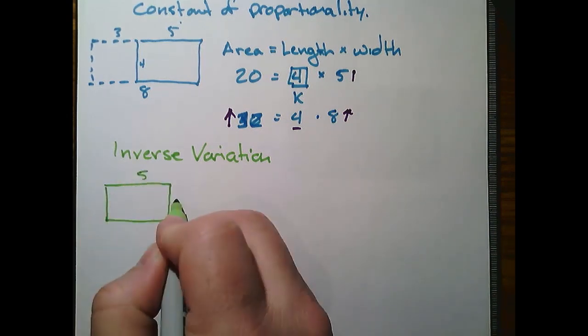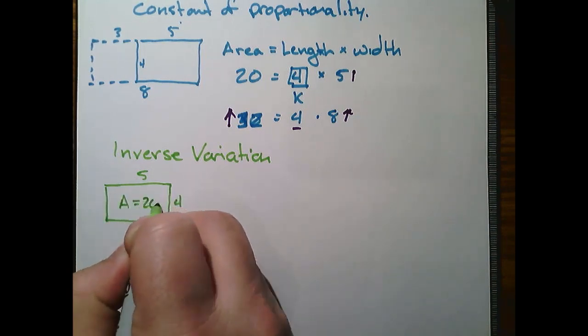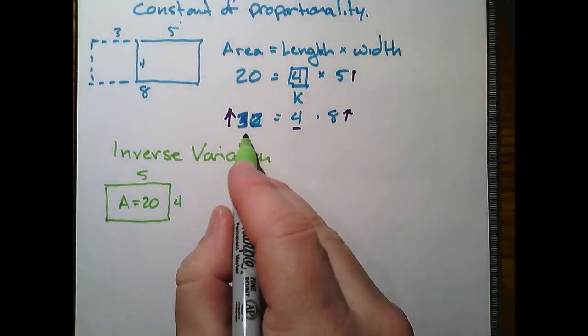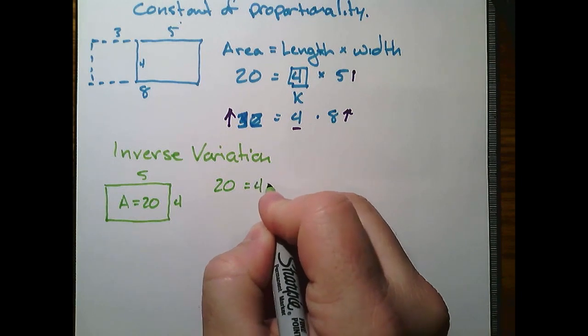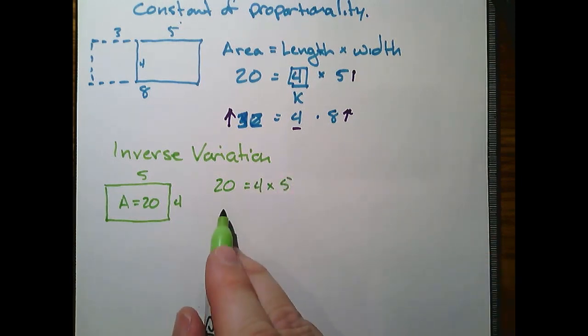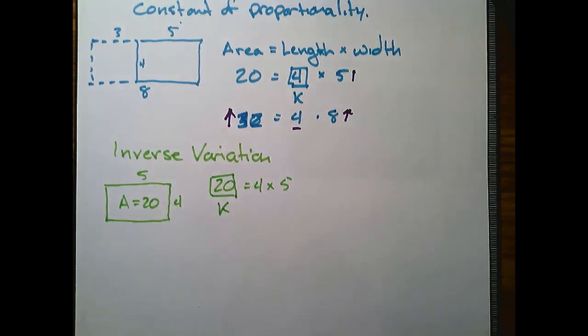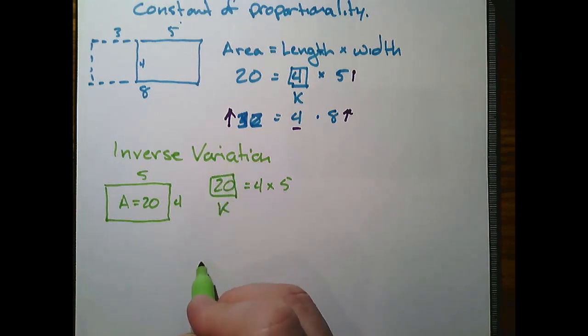And we're going to say this is 5 and this is 4. And so we know our area equals 20. Now, instead of fixing, so we have 20 is equal to 4 times 5, let's make k, 20, our constant of proportionality. So no matter what happens, we need our area to remain 20 as a constant.